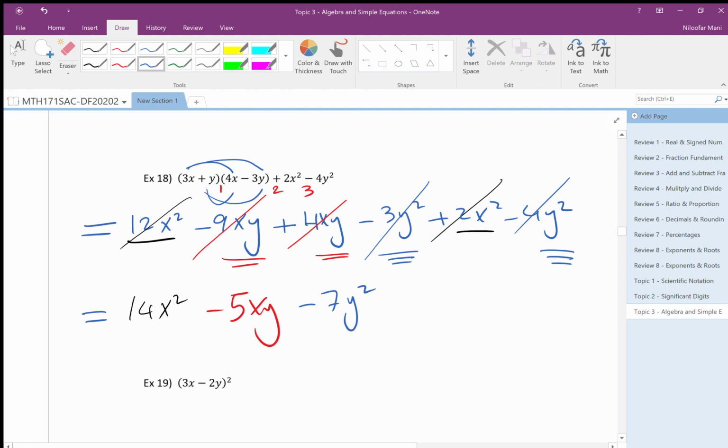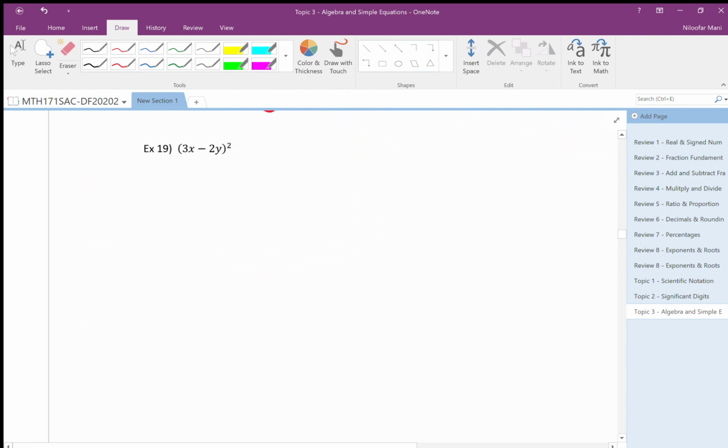Okay, so how about the next? The next is very important for me to mention because I see many mistakes here. Many times I see this mistake. When you have a bracket squared, this means you have to multiply the bracket with itself.